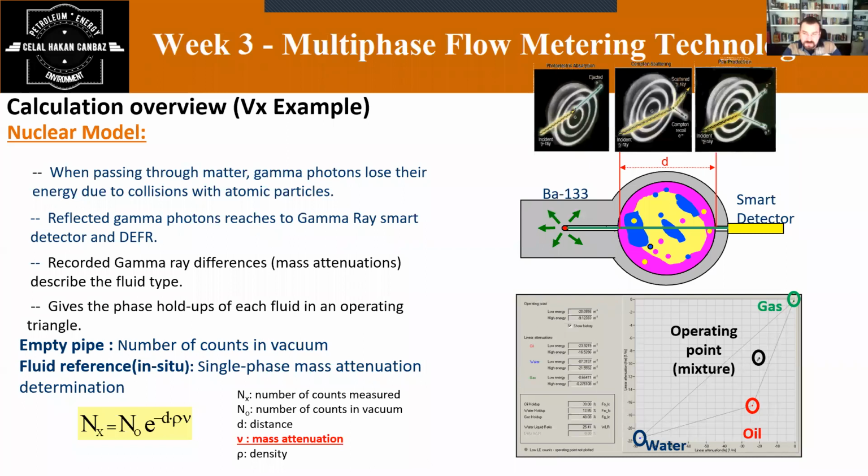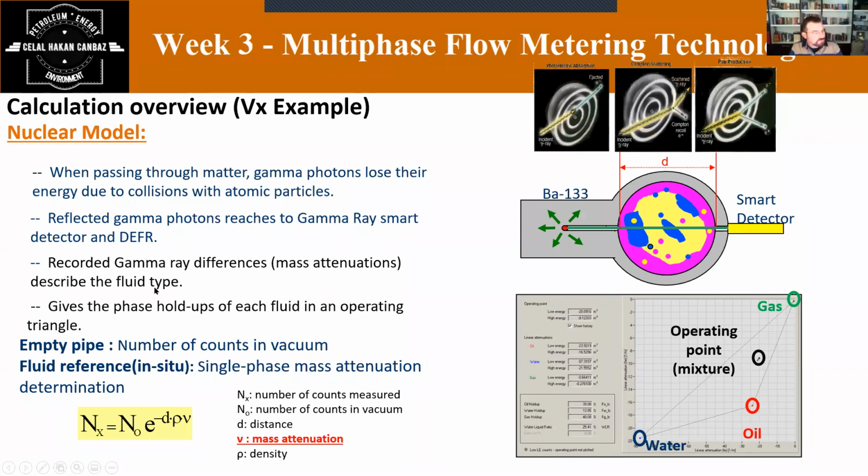We said that we have a source and a smart detector, and we are sending 45,000 gamma photons per second through the line, as we can see here. When passing through matter, gamma photons lose their energy due to collisions with atomic particles. I already mentioned this. The reflected gamma photons reach the gamma ray smart detector and diffractometer.